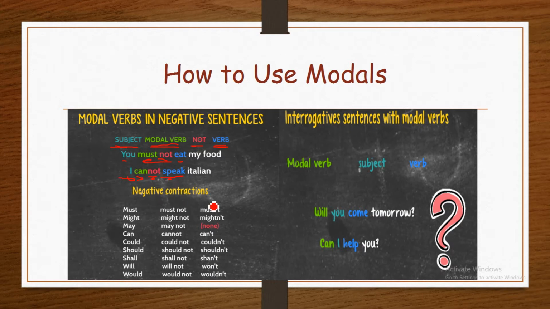Negative contractions of the modals. Must not becomes mustn't; you remove the o. Might not, mightn't. May not doesn't have a contraction. Can, cannot, can't.